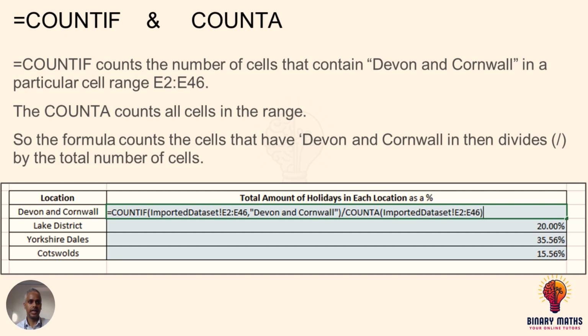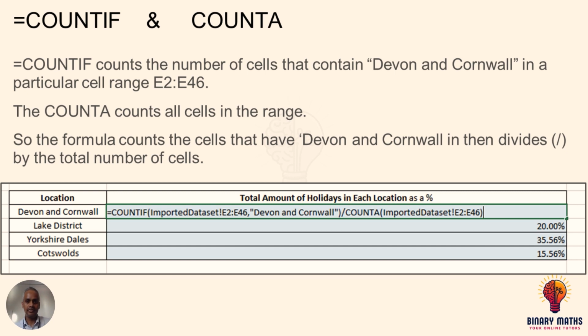So here we've got the Countif function and Counta. We can see that the Countif counts the number of cells that contain the words Devon and Cornwall in a particular cell range between E2 and E46.